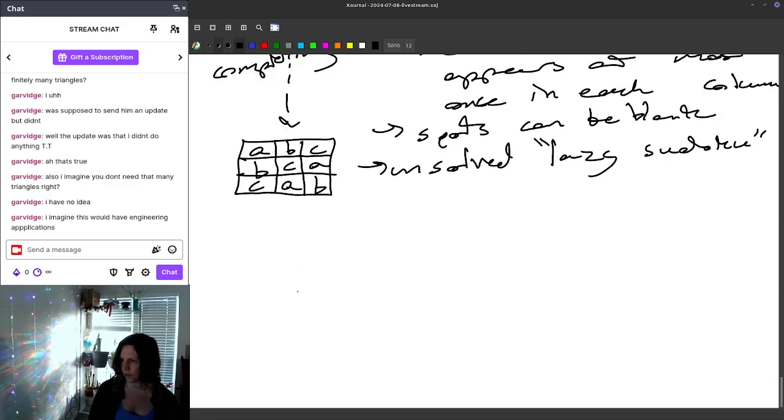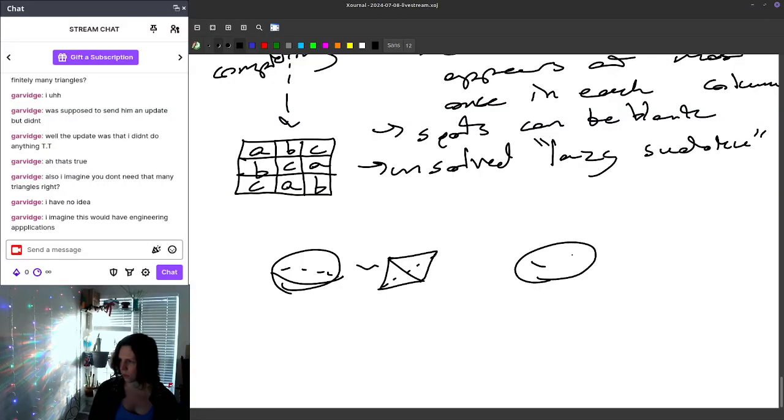So you can view a sphere as something made with 4 triangles, that's a triangulation of a sphere. And I know that it is possible to have one of these triangulations for the torus that has, I don't know, maybe like 17 triangles in it or something. I think that's the minimum that you can do.